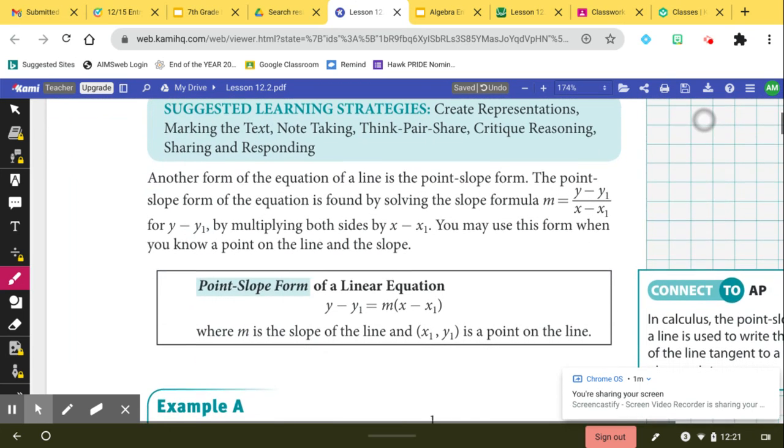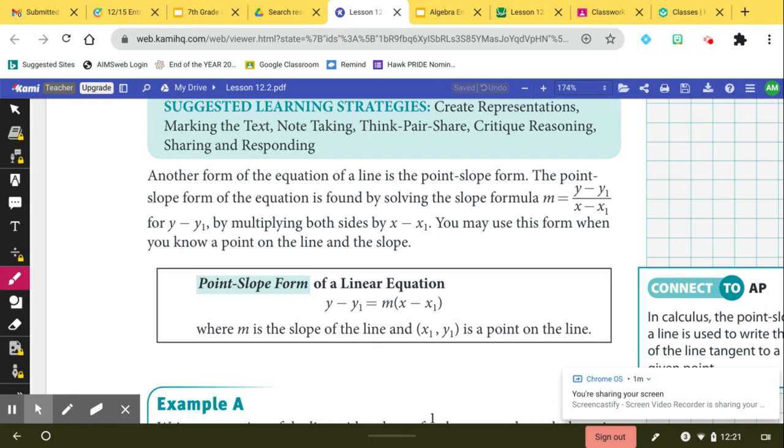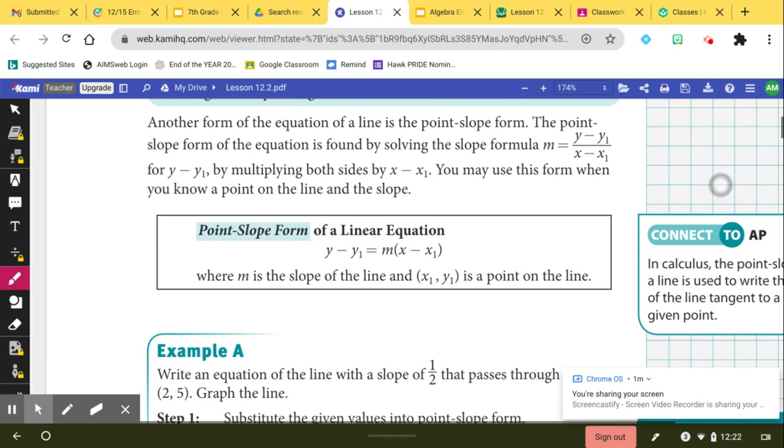So it says another form of an equation of a line is point-slope form. The point-slope form of the equation is found by solving the slope formula m equaling y minus y1 over x minus x1 for y minus y1 by multiplying both sides by x minus x1. You may use this information when you know a point on a line and a slope. If you want to know what that first paragraph is explaining, let me know and I can explain it to you in a separate video.